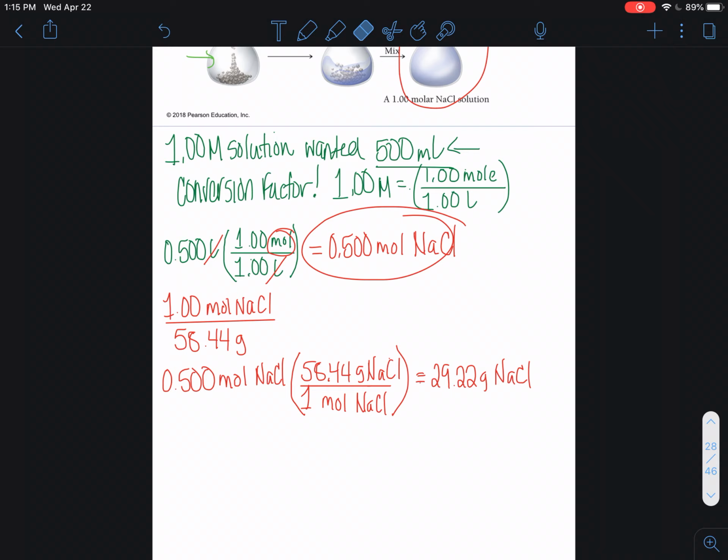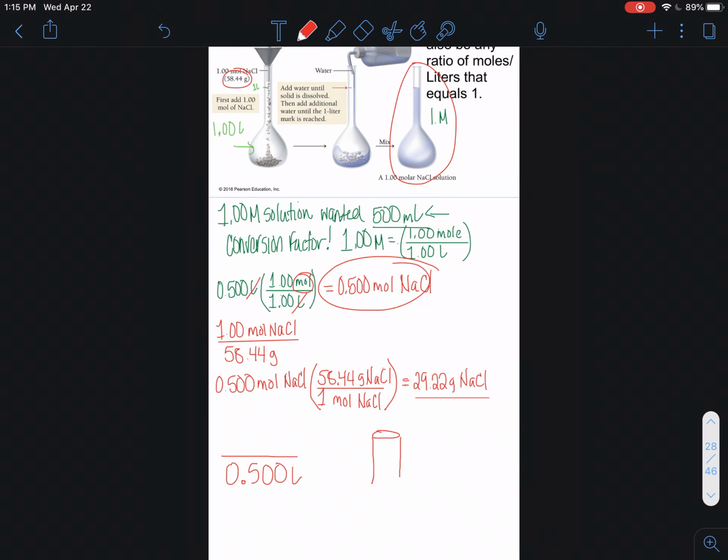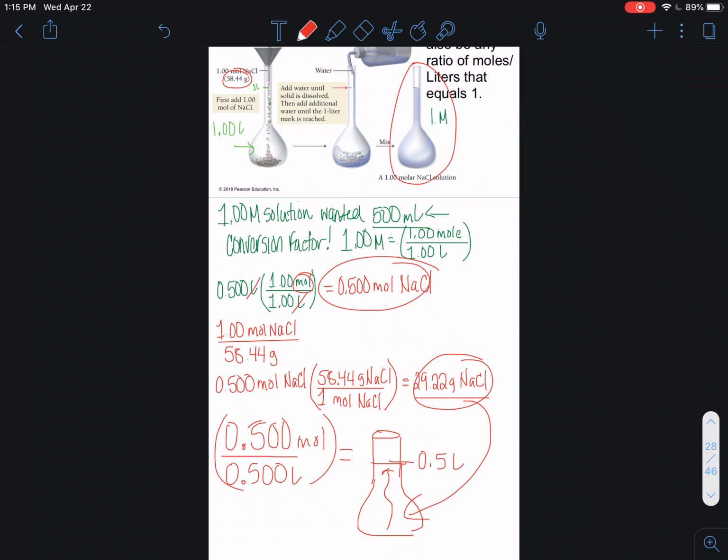If we have 0.500 liters of solution, and we weigh out 29.22 grams of sodium chloride, and we put it in here, so we'll say this is 0.5 liter, and we fill it up, that's still going to give us a 1.00 molar solution, okay?